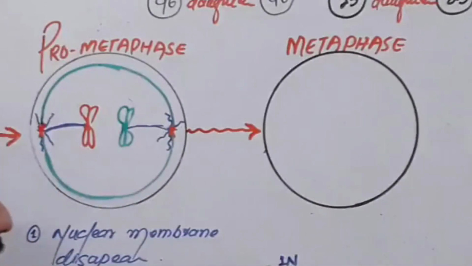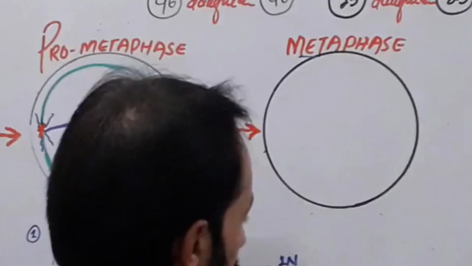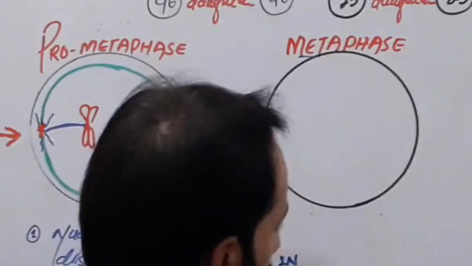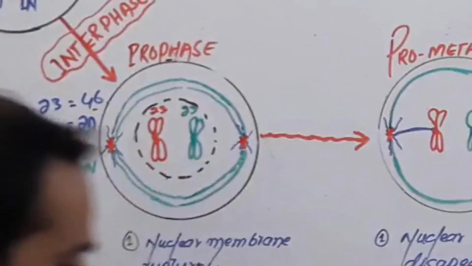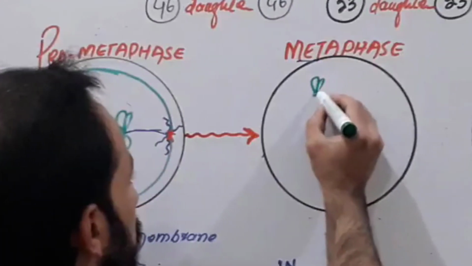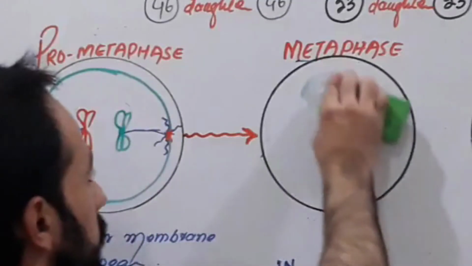Look carefully. Meta means center. Meta means center. So during this phase, all the chromosomes which are present, how many chromosomes are present? The 46 chromosomes. All the 46 chromosomes arrange themselves in the center of the cell. Let me make them in the center of the cell.